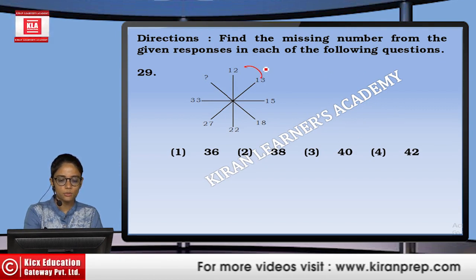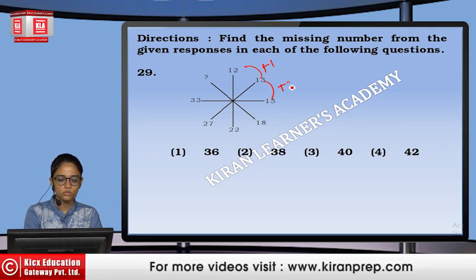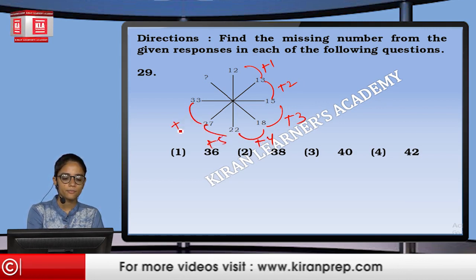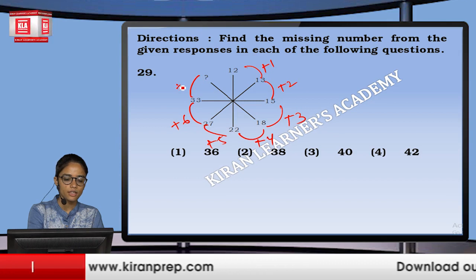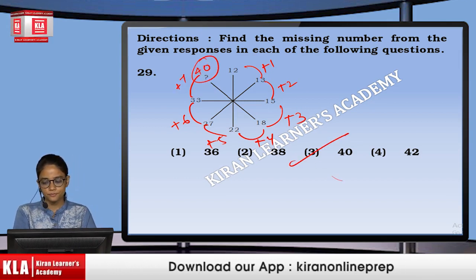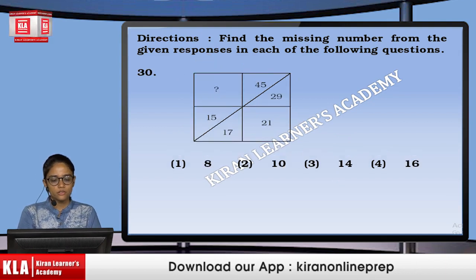Next question, if we look forward, 12 to 13 we are adding 1, then plus 2, then 3, then 4, and then 5, and then 6, and then 7. If we add, we will get 40. That is option number 3. Next question.